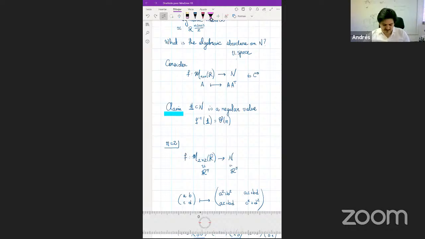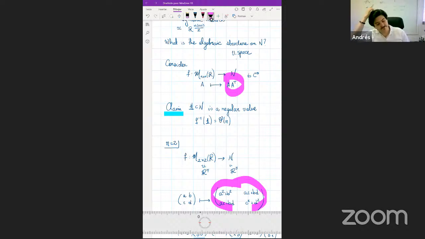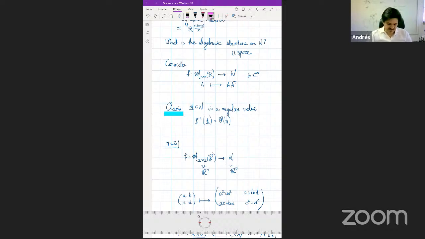Here I have already computed A times A transpose. It will look something like that. Now, remember that I want to show that the identity matrix is a regular value.